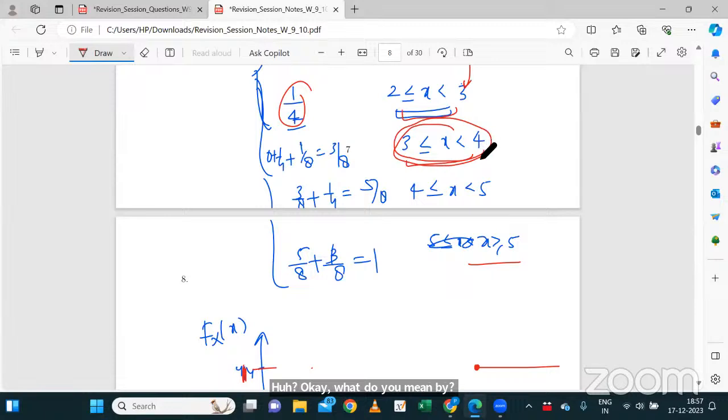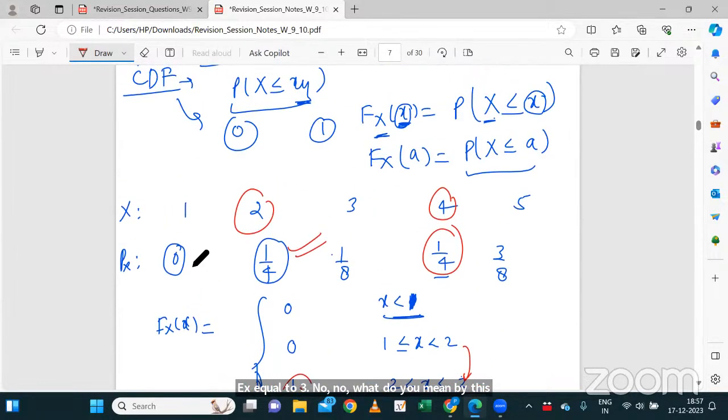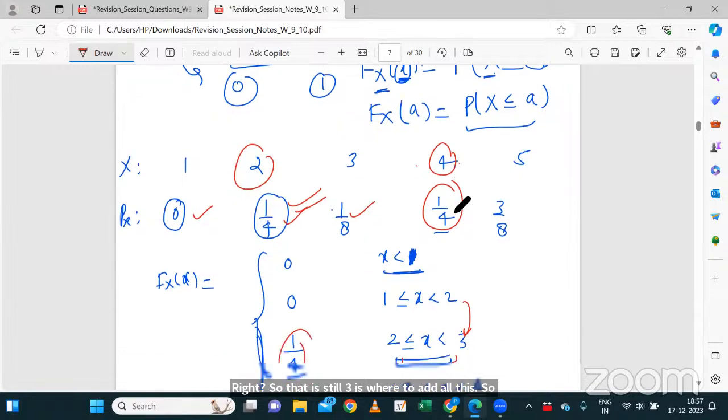What do you understand, which values will x take? x can take values till 3, right? So till 3 means we have to add all these probabilities. Similarly, before 4, I'm talking about.